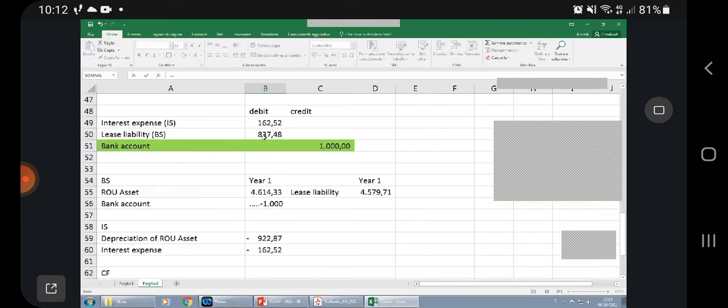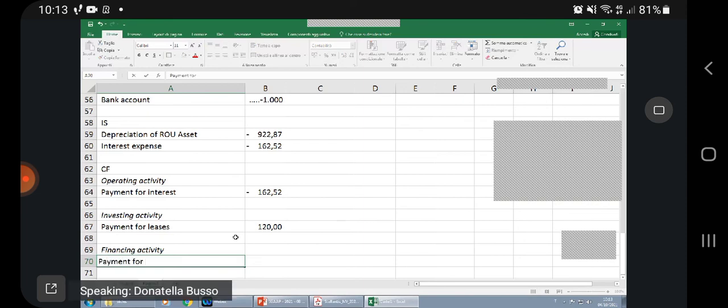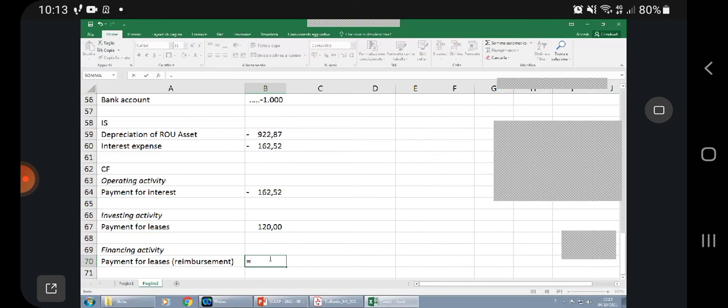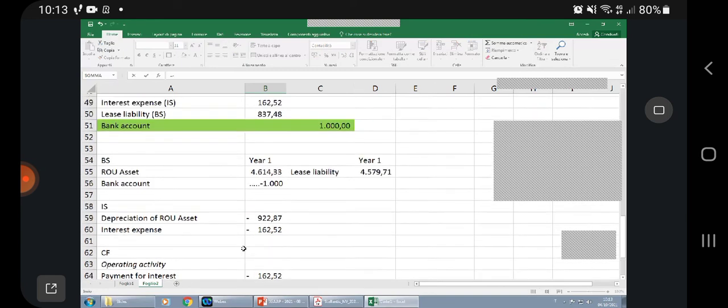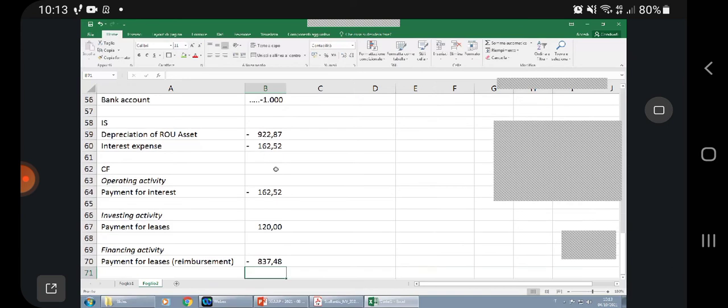So the payment for the interest is 162. It is mandatory to show the payment for leases, but in this case is the reimbursement of the lease within the financing activity, because the company has a debt and the company is reimbursing the debt.